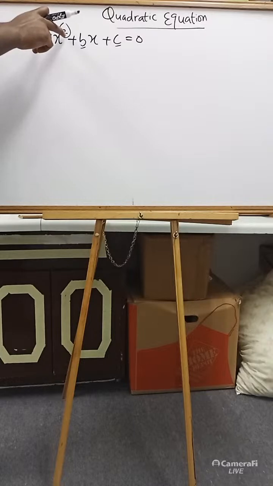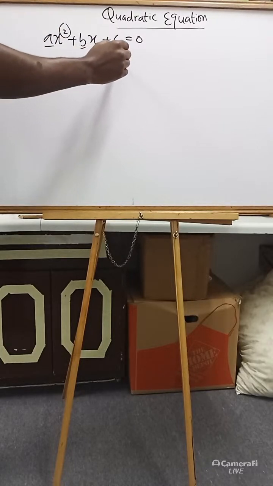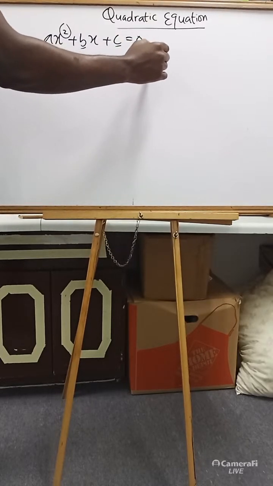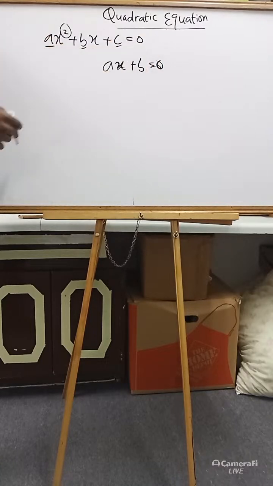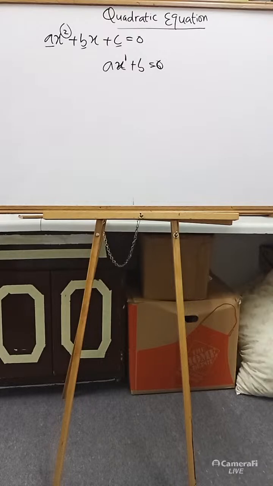Unlike a linear equation, where you have ax plus b equals 0. This is a linear equation because the highest order here is order 1. That is one of the clear differences between a quadratic equation and a linear equation.